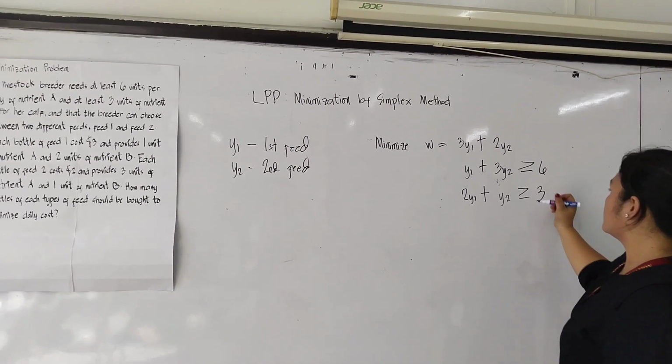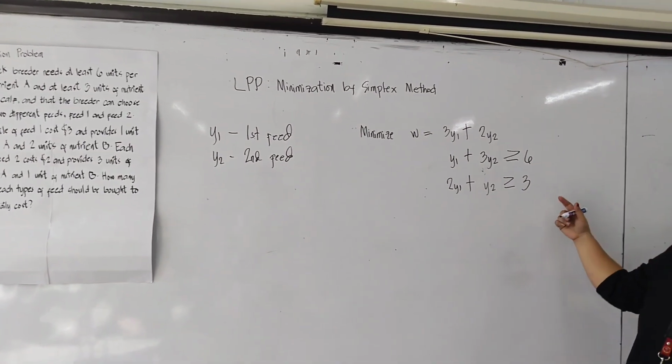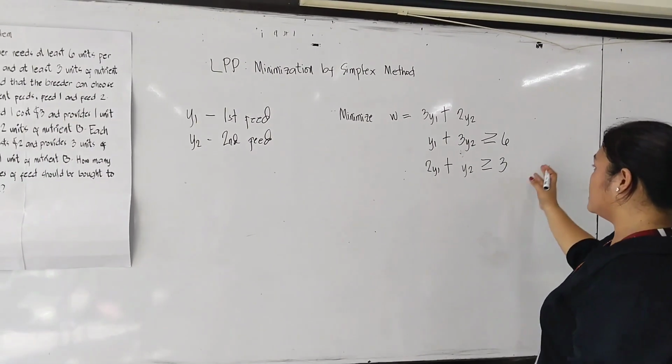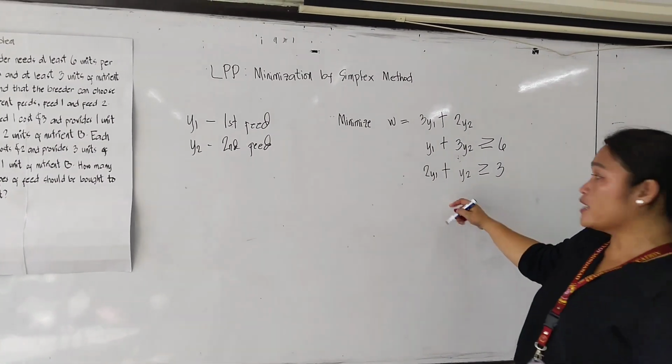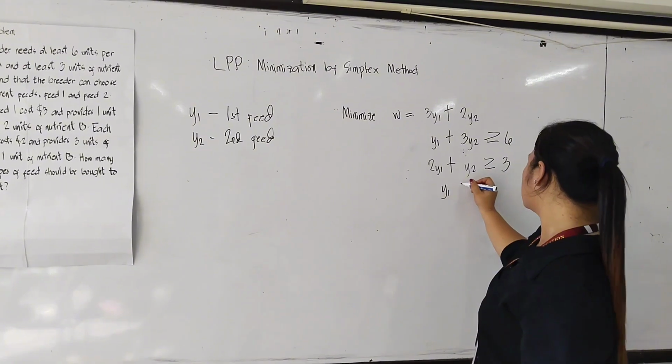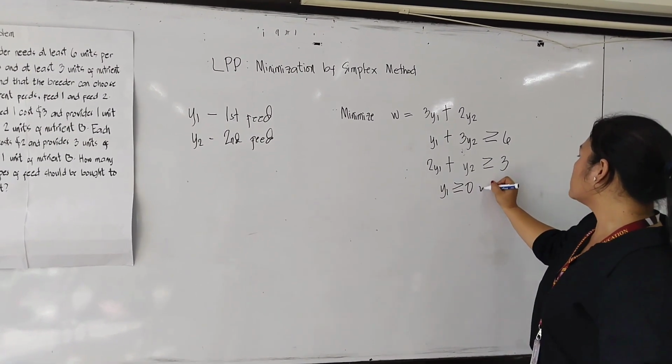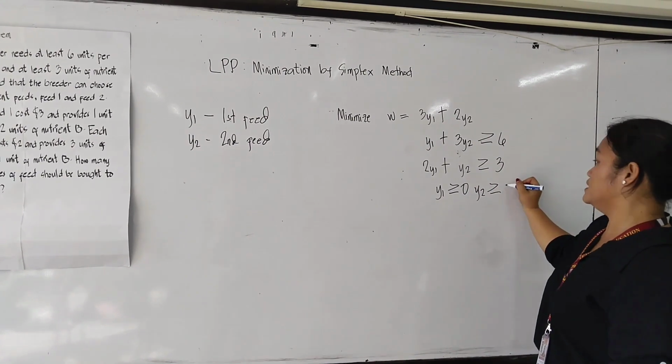Now we have our second constraint. We also have the non-negativity constraints: y1 is greater than or equal to 0 and y2 is greater than or equal to 0.